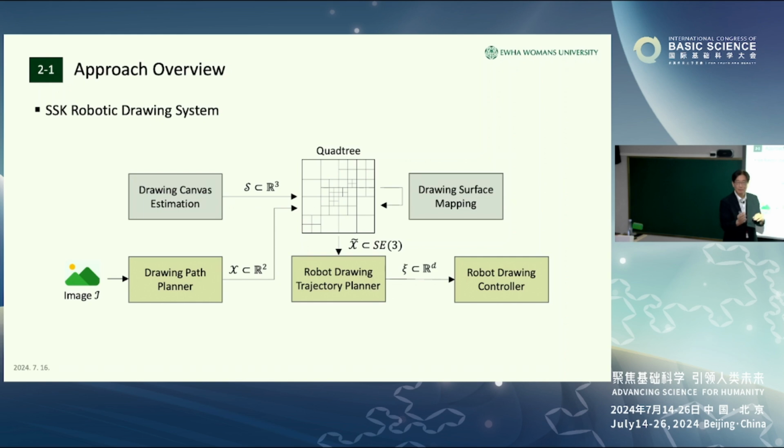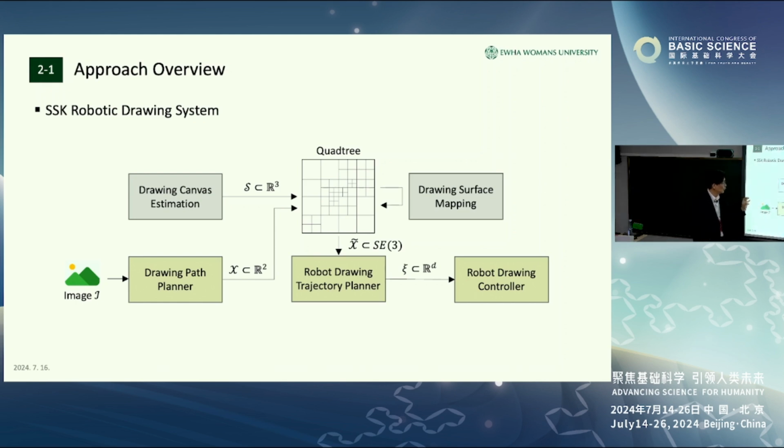This problem in computer graphics, I know there are only 2 people in this room working on graphics, is known as texture mapping in computer graphics. So we have to figure out this texture mapping or drawing surface mapping problem going from 2D to 3D. Now that everything is mapped to 3D, the robot has to find out the robot configurations or joint motions to actually create this robot motion. That will follow for the rest of the pipeline. So that's the pipeline that we are following.